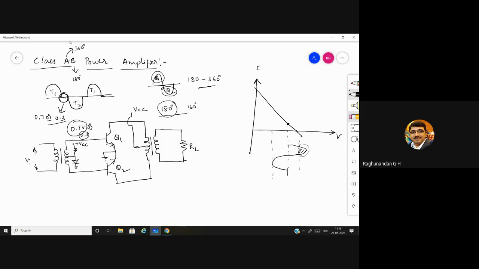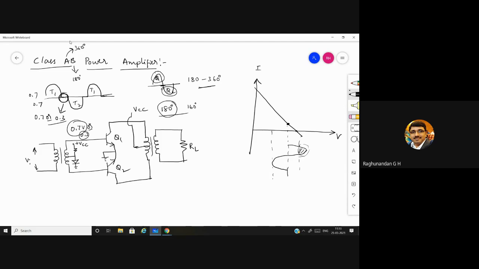You know that the loss in each cycle is 0.7 and 0.7, and when we are using a diode, you know that the drop across the diode is 0.7 or 0.3 based upon the type of transistor you are using.